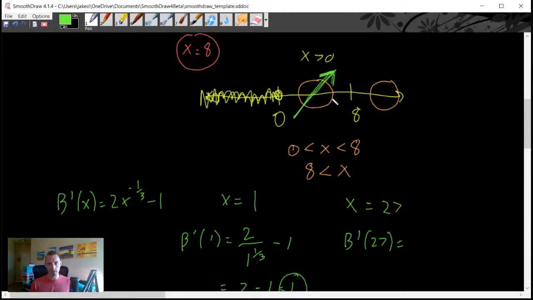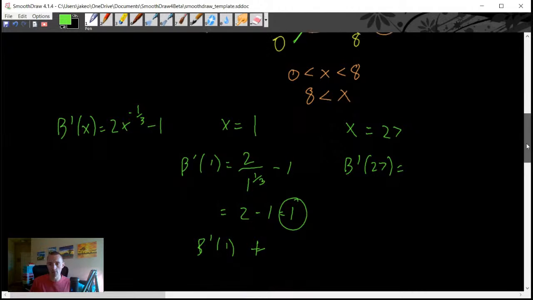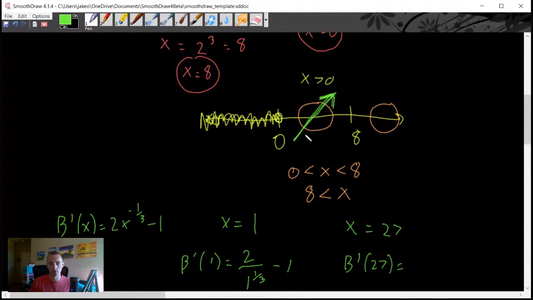If the derivative is negative, the original function's slope is negative, which just means that it's decreasing if it's negative, increasing if it's positive. Since b prime of 1 was positive, b of x is increasing at x equals 1. So our function is increasing within this interval.